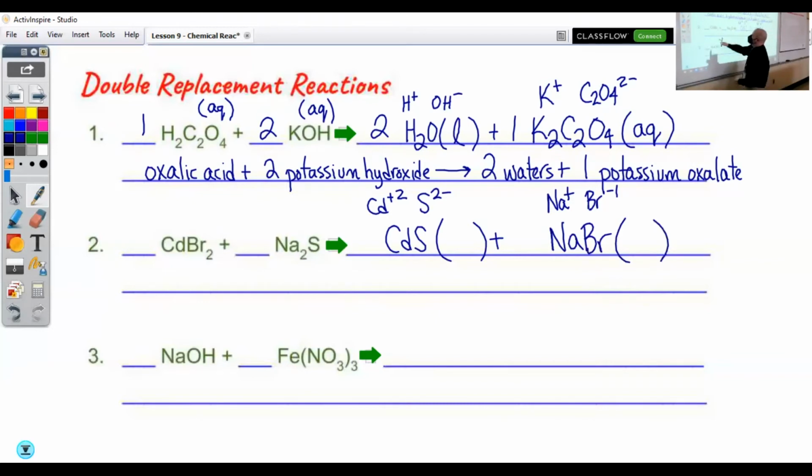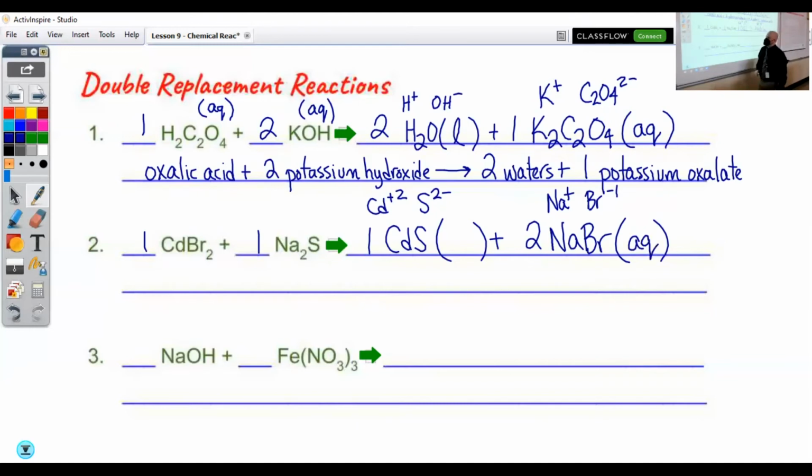Balancing our equation, 1 cadmium, 2 bromines. I need 2 bromines, so I have to put a 2 here. 2 sodiums, 1 sulfide, 1 sulfide. So these end up being 1s. Finally, we take a look at our rules. First of all, starting with sodium bromide. Sodium is a group 1, so we know this is going to be aqueous.